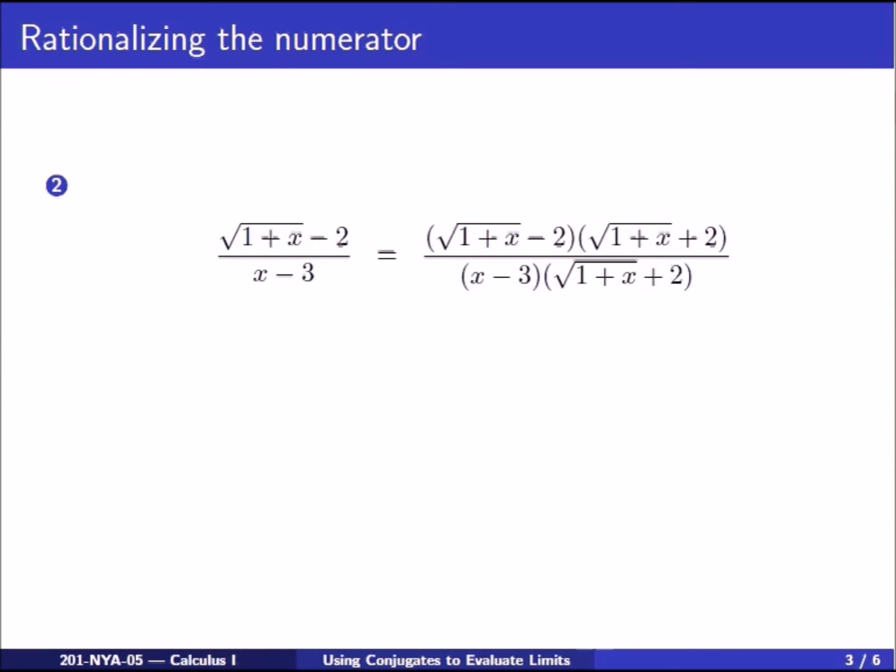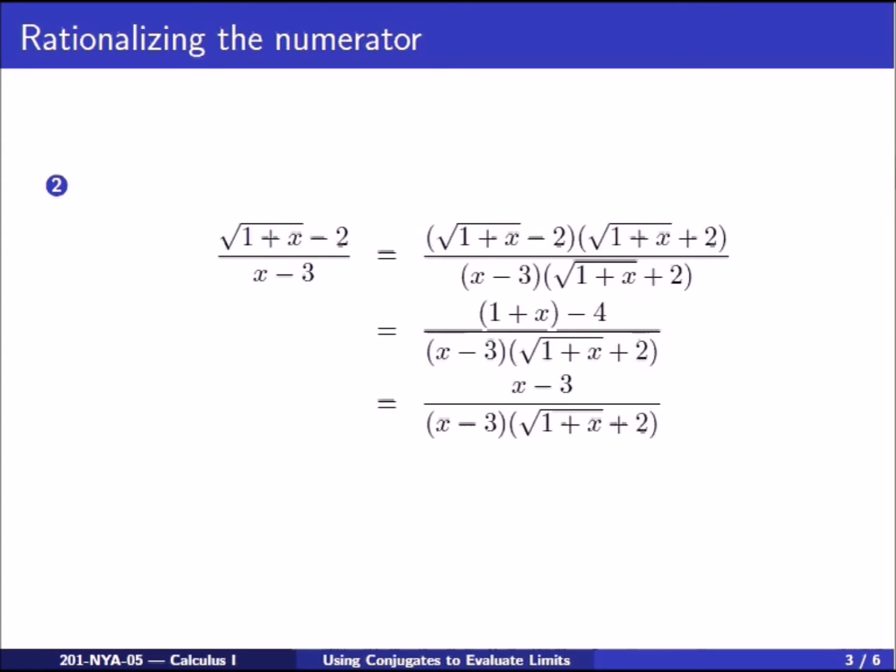We can do something similar if I have an expression that has a variable in it. And as you can see now, I want again to rationalize the numerator. And to do this, I will multiply root of (1 plus x) minus 2 by root of (1 plus x) plus 2. But I have to do this in the numerator and in the denominator as well. If I multiply out the numerator, I get a difference of squares, which is in this case 1 plus x minus 4.